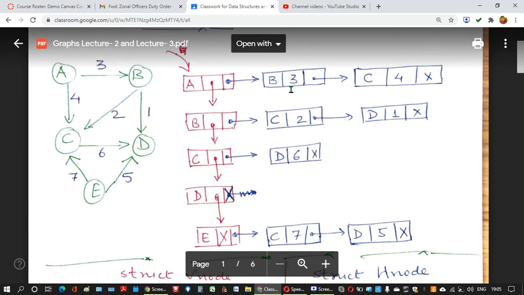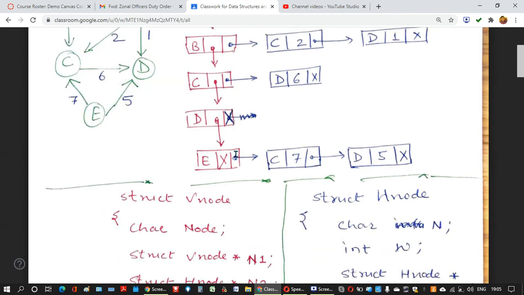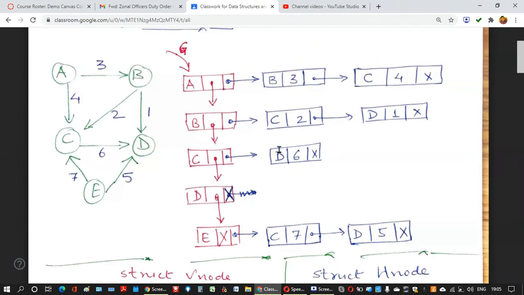And this information, edge weight, you can keep it here also in this node, and then you can keep it blank or you can put minus infinity or something like that. So you can definitely apply your own idea of taking the structure of these nodes, and you can modify those structures according to your need.